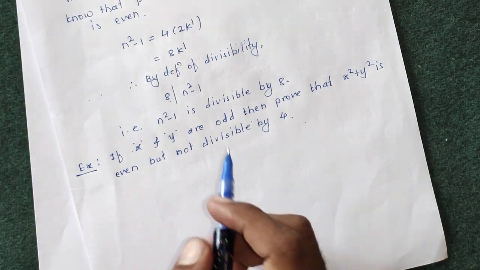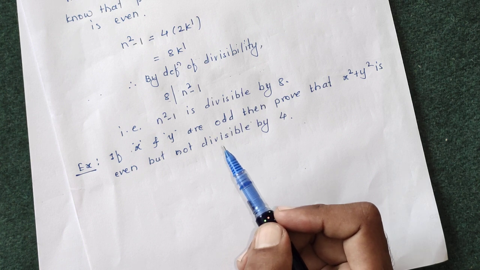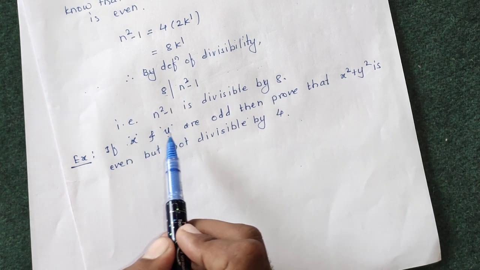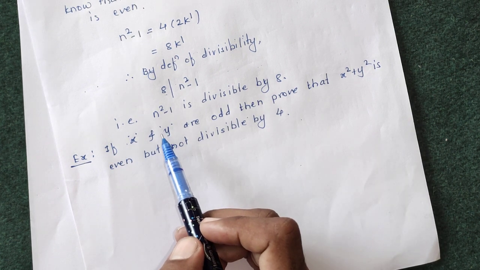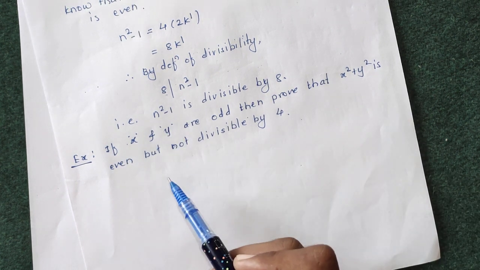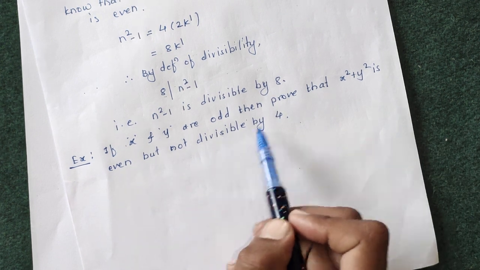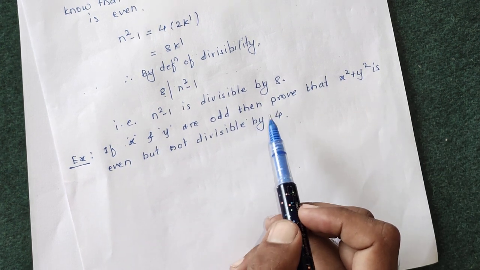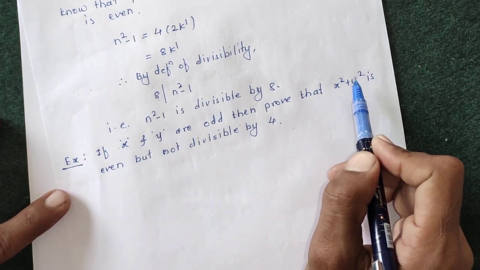Our example says that if x and y are odd integers, then x square plus y square, that is, square of the first odd integer plus square of the second odd integer, is even, but that x square plus y square, which is an even number, is not divisible by 4. So first of all we are going to show that x square plus y square is even.